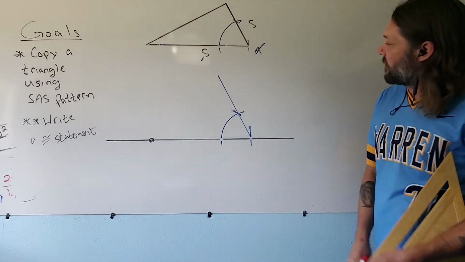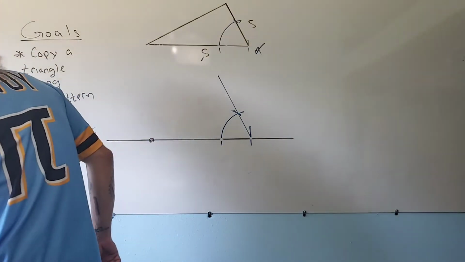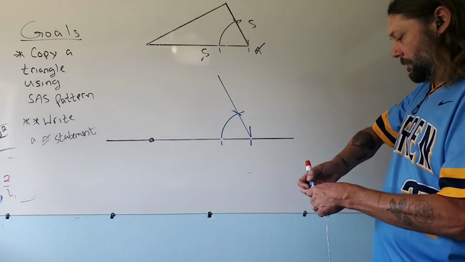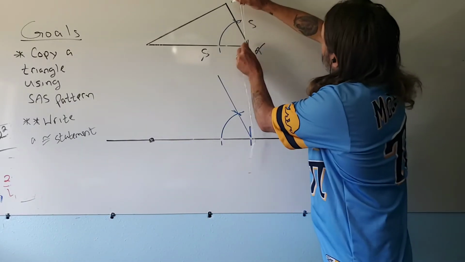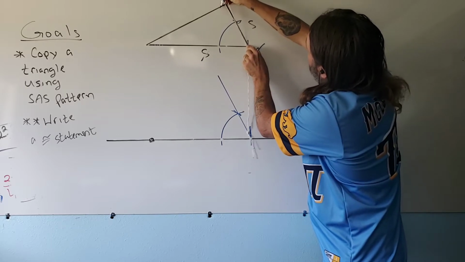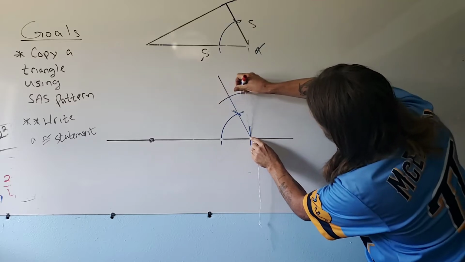The last thing I have to do is copy the side length again, just like before. So I put the needle on one side, pencil on the other. Come over here, make the same marks.